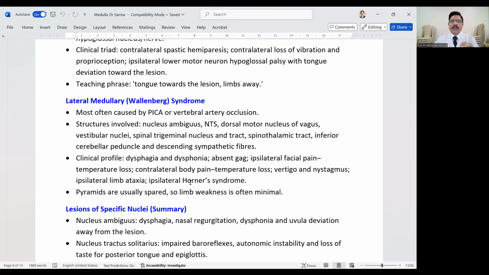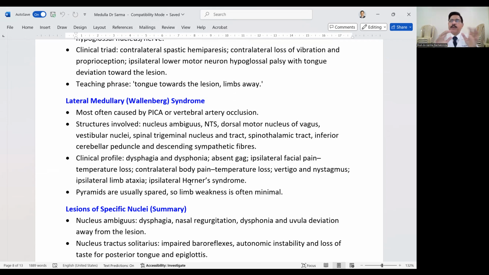Spinal trigeminal nucleus, loss of pain and temperature on the ipsilateral side. Spinothalamic tract involvement, contralateral pain and temperature. Inferior cerebellar peduncle, coordination and ataxia. Descending sympathetic fibers, Horner syndrome. You have to correlate the structure and the function, right?